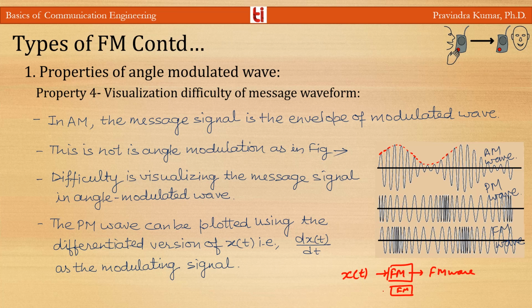But in PM, if I take d/dt of x(t), meaning the differentiation of the modulating signal, and then do the frequency modulation, the wave will be the PM wave. So there is a difference in the modulating signal in PM and FM, and it is very difficult to visualize the baseband signal or message signal in PM and FM.